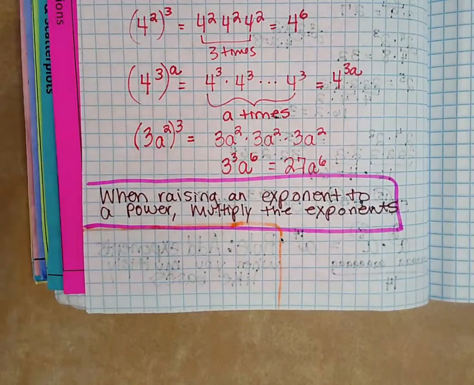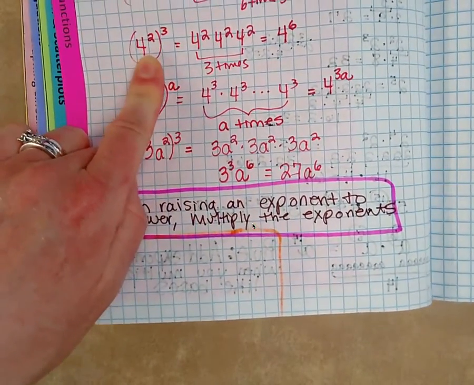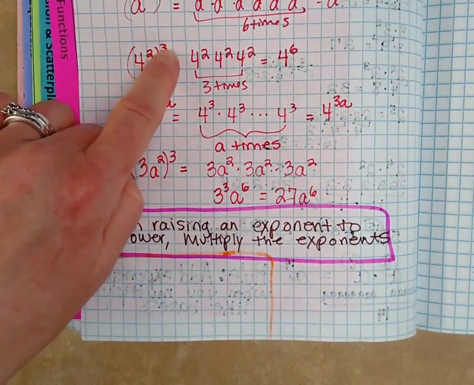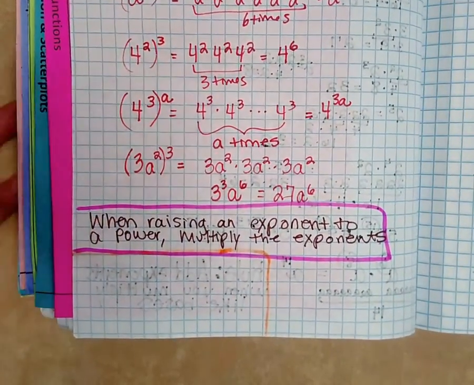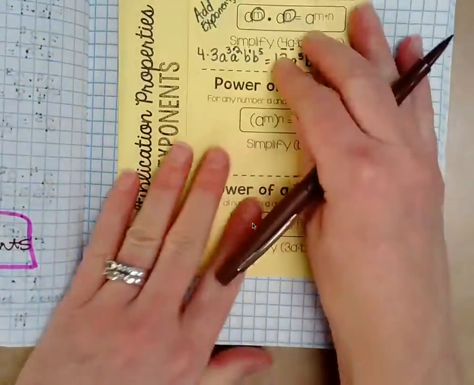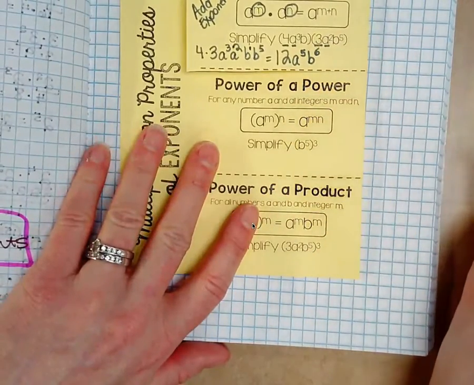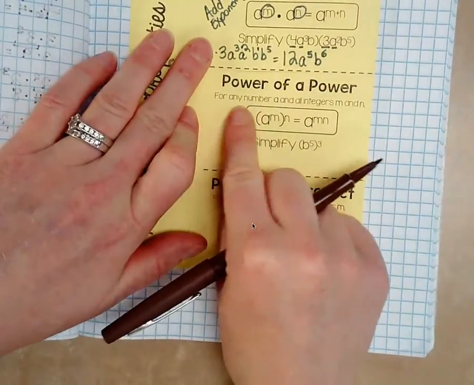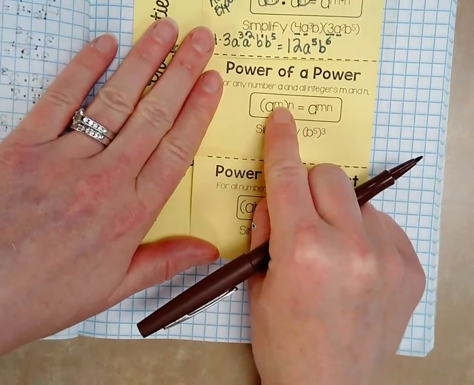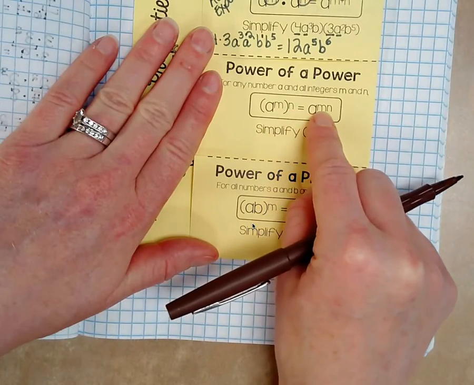The way that I remember is that if there's a separation, you only have one. You have bases inside the parentheses and an exponent outside the parentheses. You multiply your exponents. So let's look at the examples we have on our foldable. Power to a power. For any number A and all integers m and n, A to the m, to the n is A to the m times n.